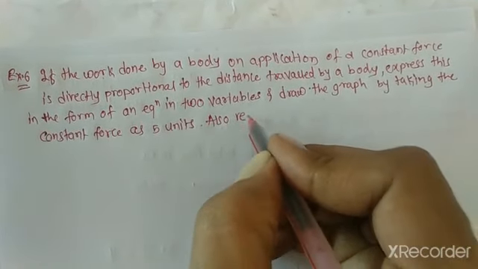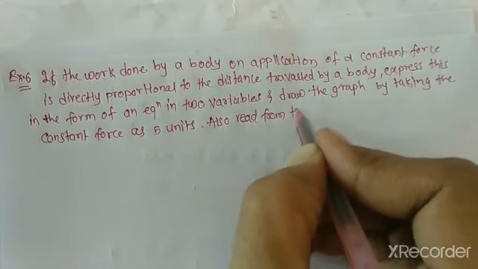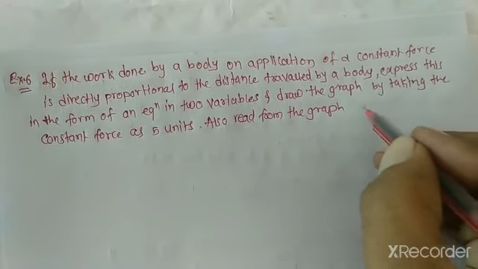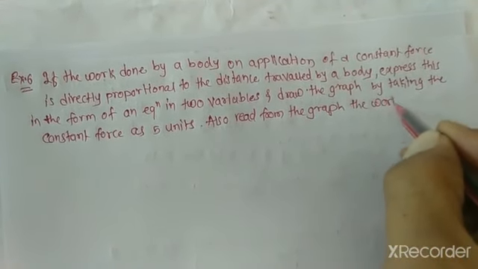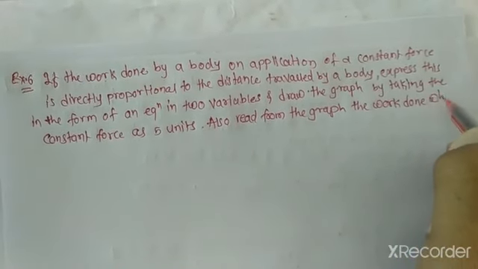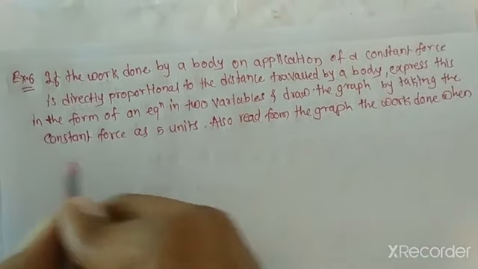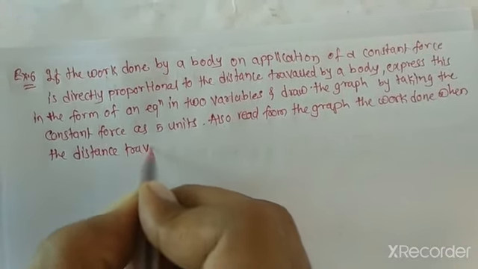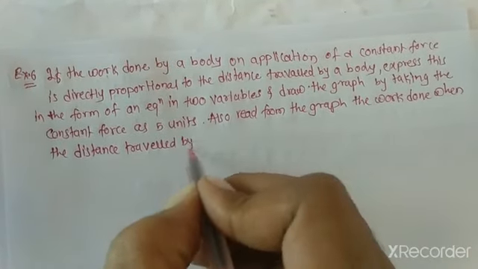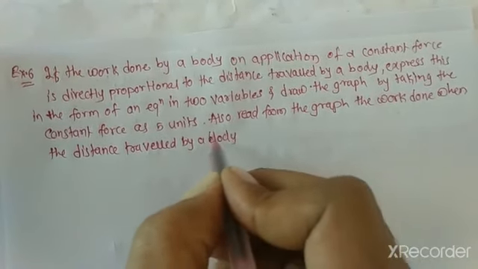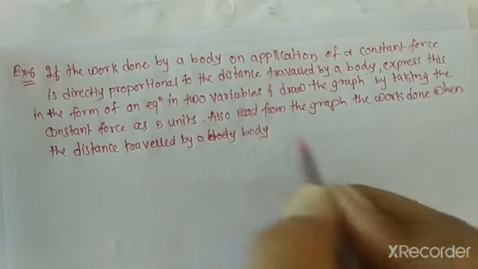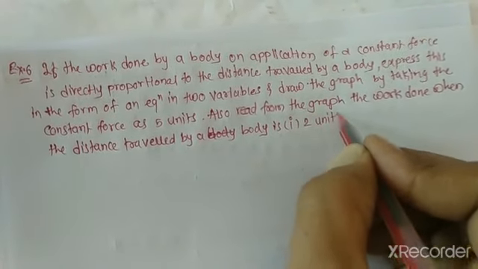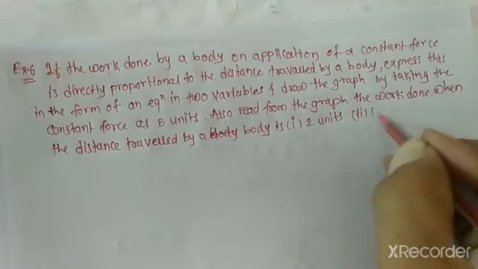Also read from the graph the work done when the distance traveled by a body is first 2 units and second 10 units.